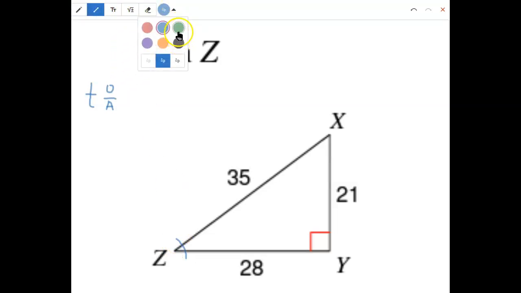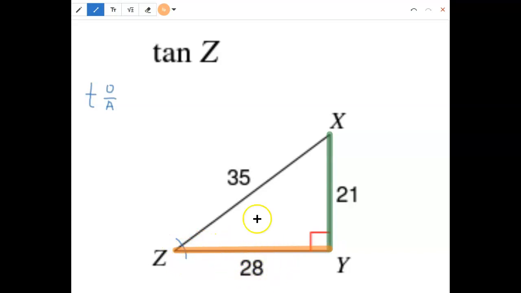Then we're going to look for the opposite, so we want the one that's not touching it. And we're going to look for the adjacent, so that's not our hypotenuse, but the other leg next to our angle.